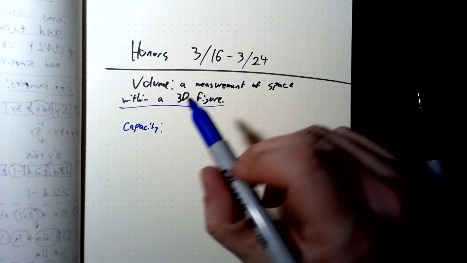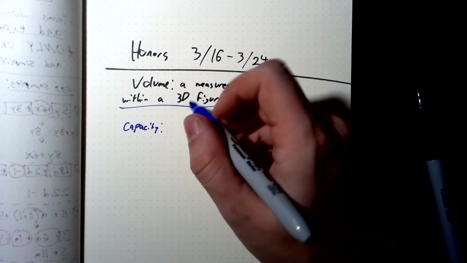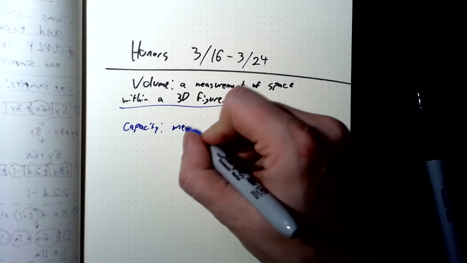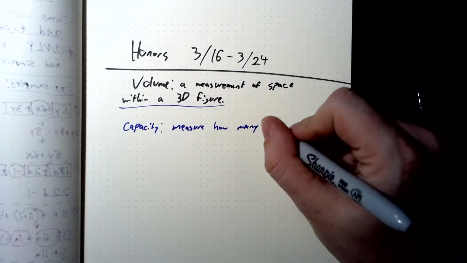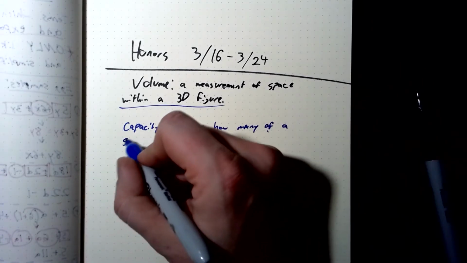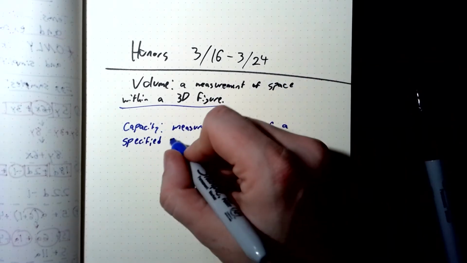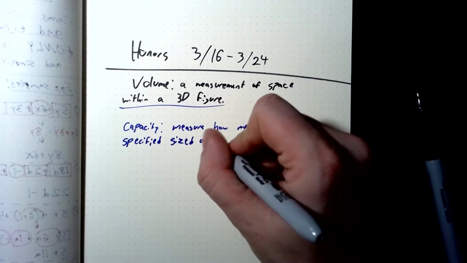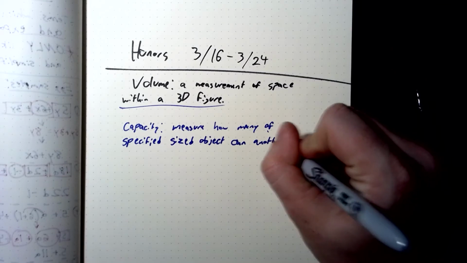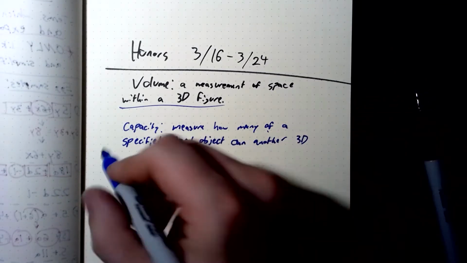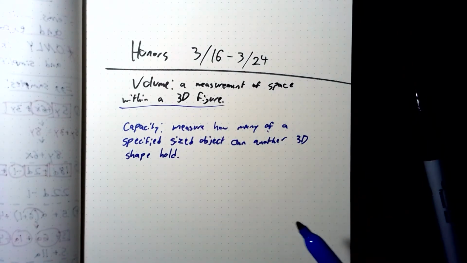Capacity is when you have the measurement of the space within a 3D figure, but you're trying to measure how many of a specified sized object can another 3D shape hold. So it's slightly different.